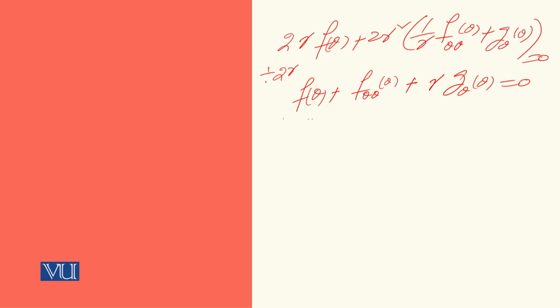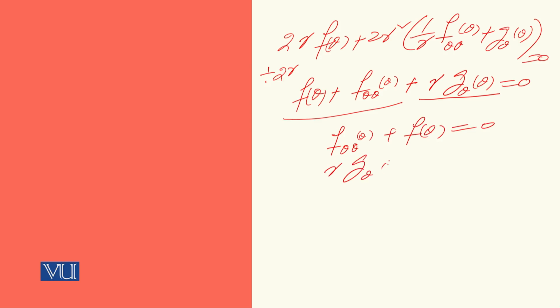One part only depends upon theta, and the second part has both r and theta. So what we shall do, we shall use the separation of variables procedure, and we take each term independently equal to 0. So in the first part we take f theta plus f theta theta equal to 0. This is the first equation, and in the second part we take this equal to 0.